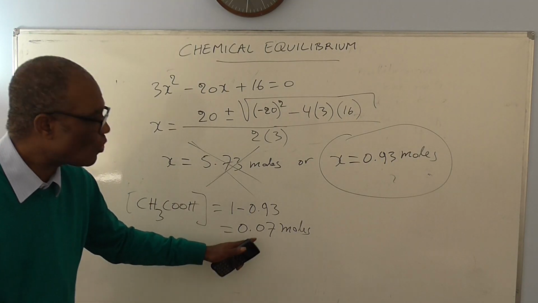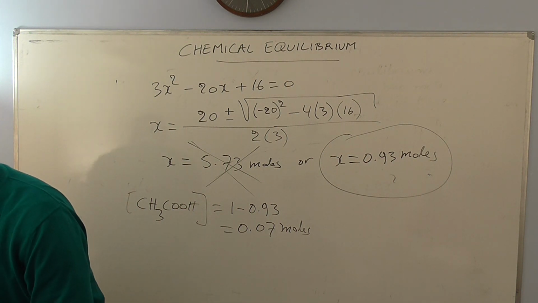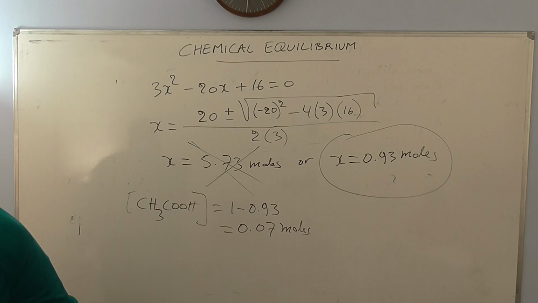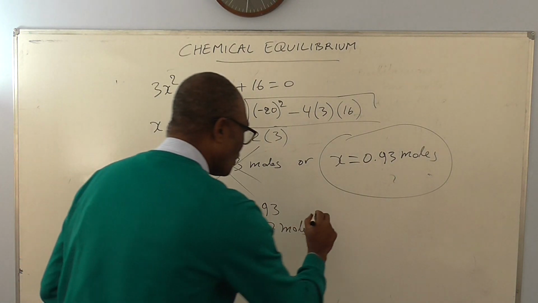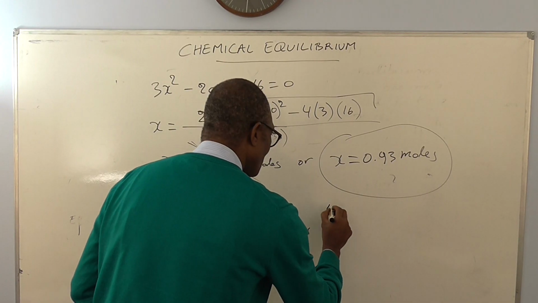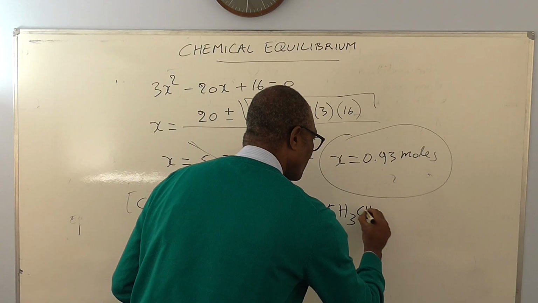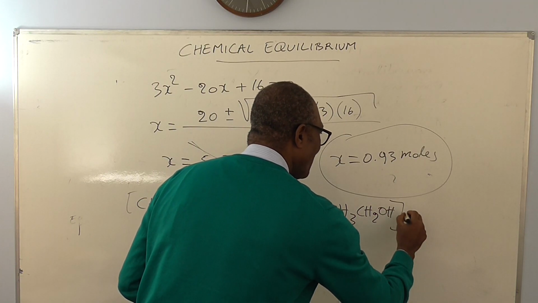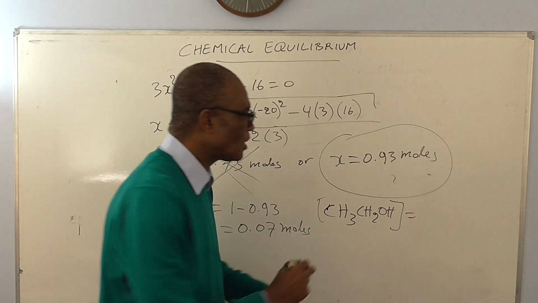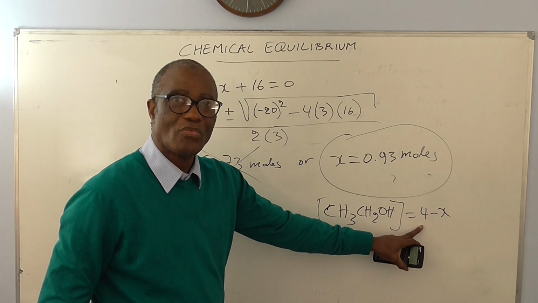At the equilibrium, we have this number of moles for ethanoic acid. What about ethanol? Remember ethanol, it was what? It was 4 minus x.